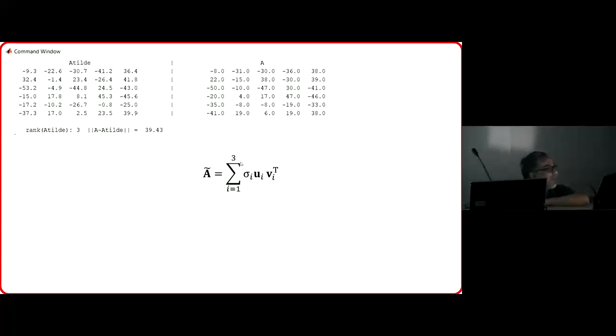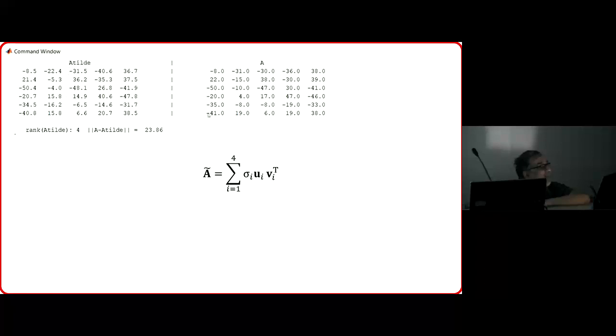Okay, and the differences are not that much actually. 38, 39.9, not 36.4, 38. Then 39.4, and this is rank 3. Then rank 4 reduced to 23.86 as the L2 norm of the difference.